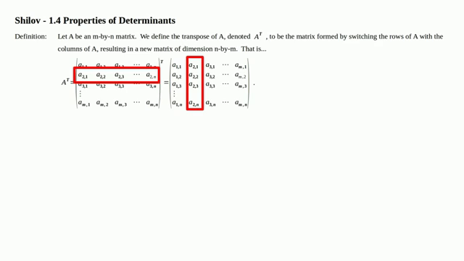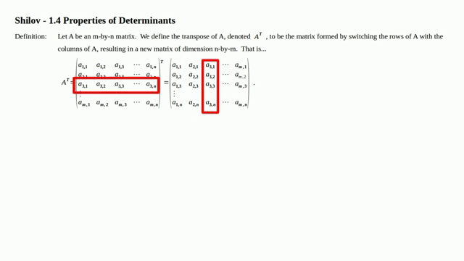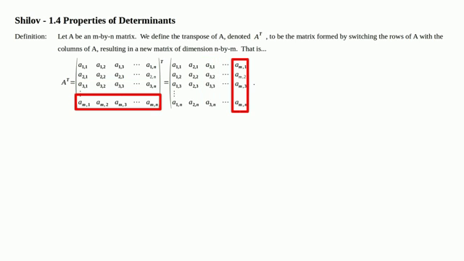The second row of the original matrix A is now the second column of the transpose matrix. The third row is now the third column, and so on and so forth, to where we have the mth row becomes the nth column. And that's what we have.